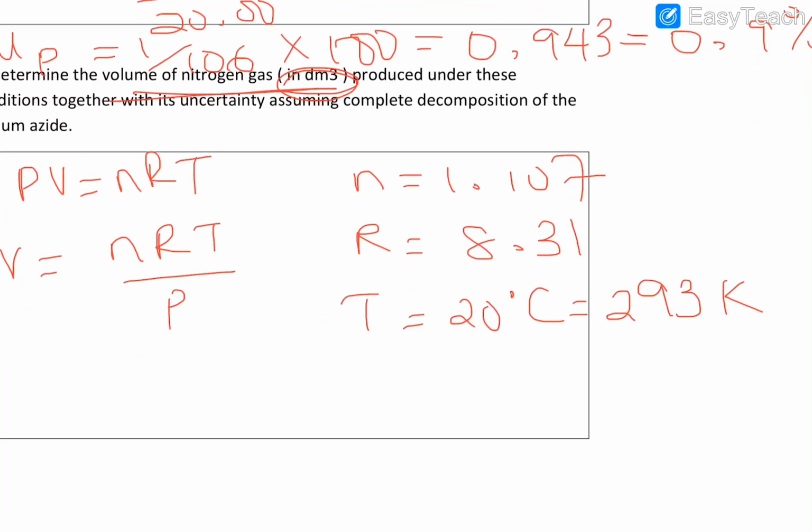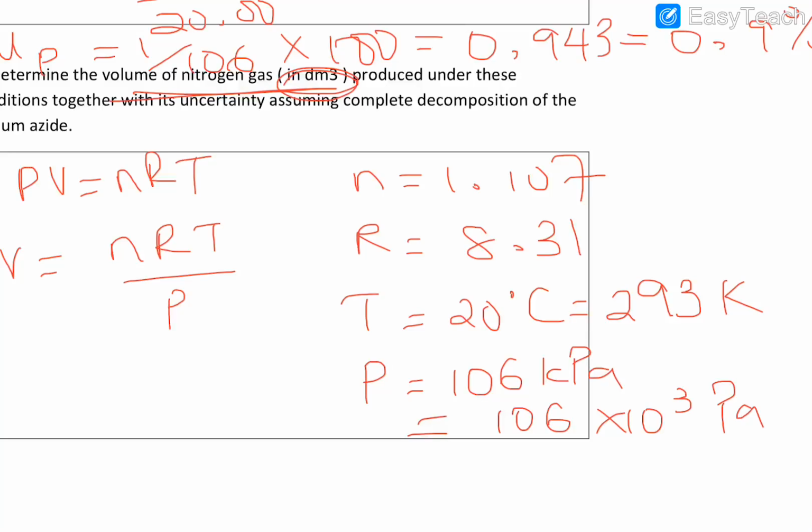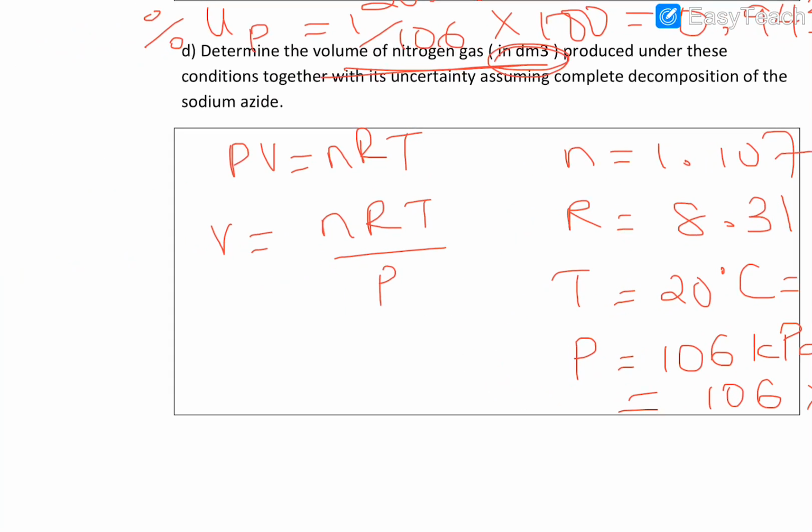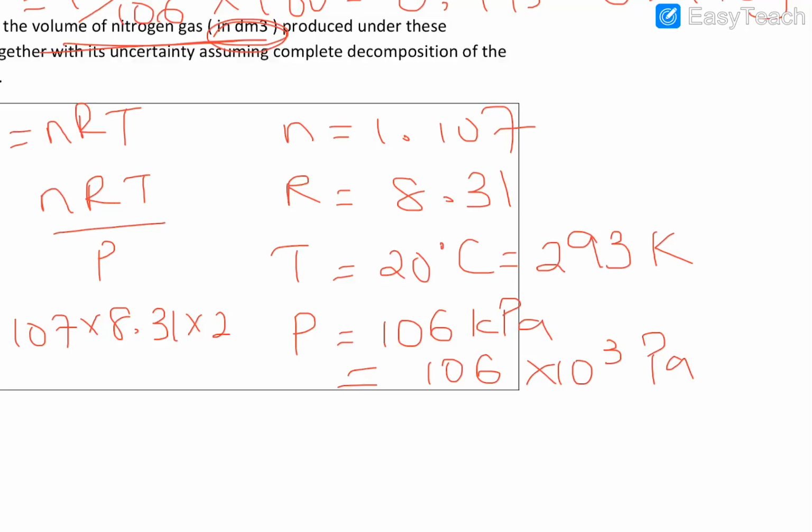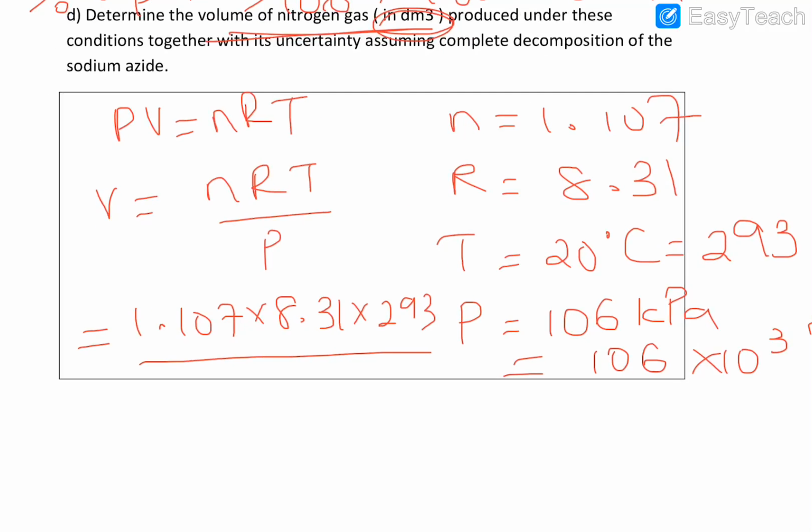And pressure is given in kilopascal, and I need to convert this to Pascal, so times 10 to the power of 3 Pascal. Kilopascal to Pascal. So then volume would be number of moles times R times 293 divided by the pressure 106 times 10 to the power 3.